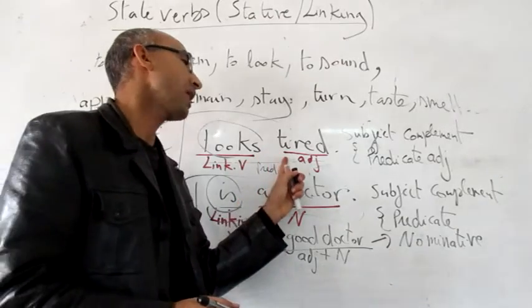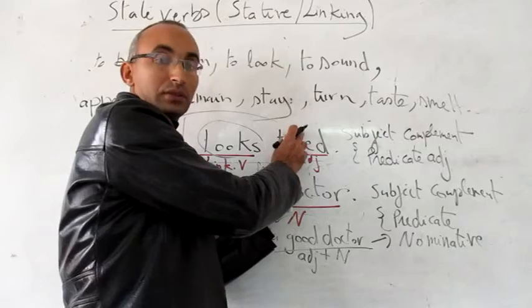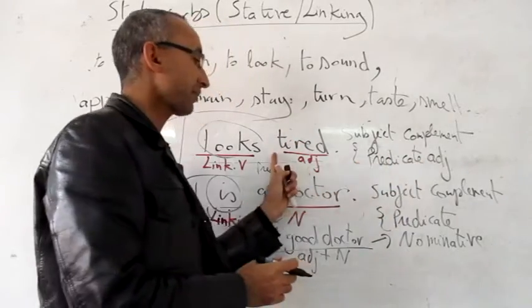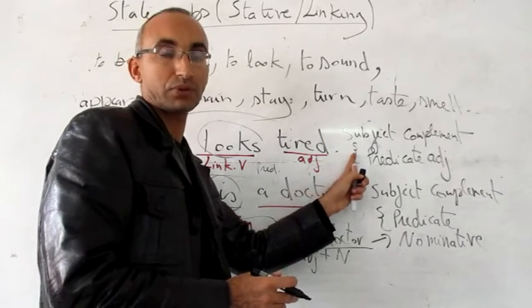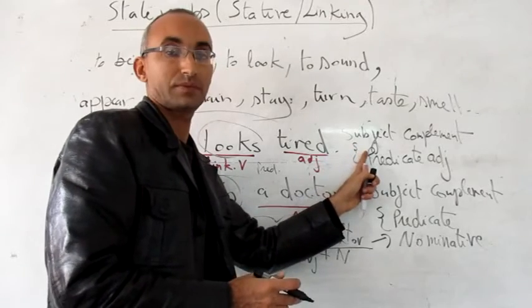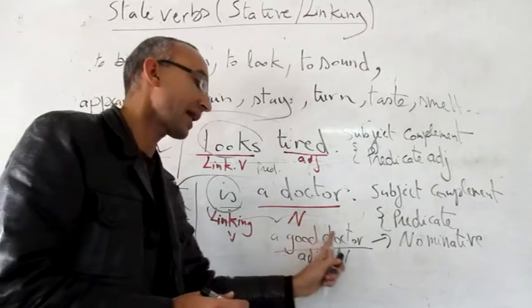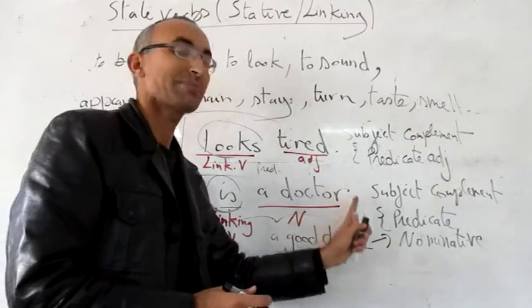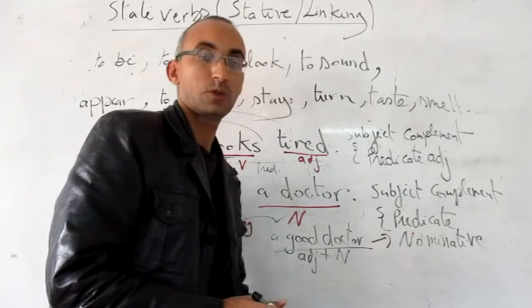But when you have only one or two adjectives alone, here it's called predicate adjective. Tired and demoralized, for example, and upset. It's always adjective because it contains adj plus adj. But here, as it contains a noun, whether a noun alone or adj plus noun, it remains always predicate nominative.